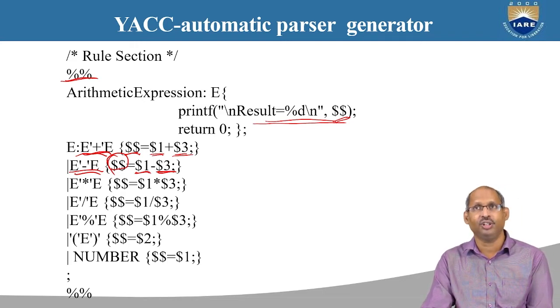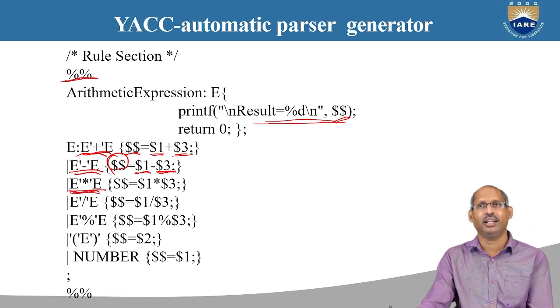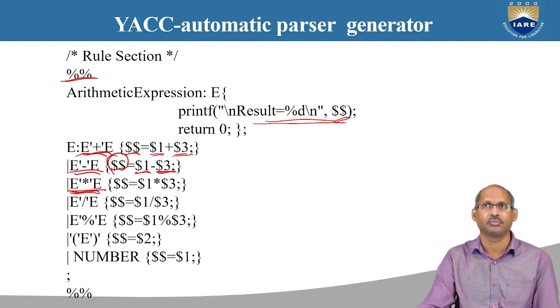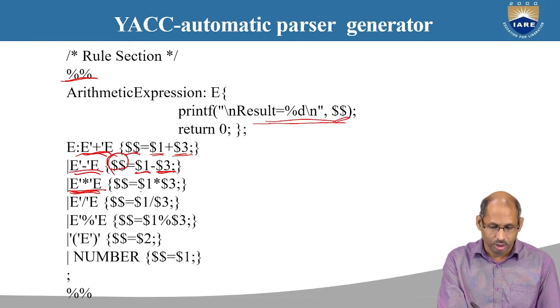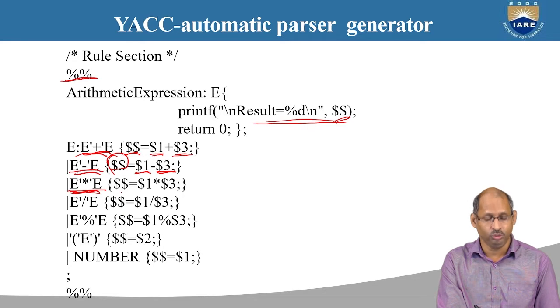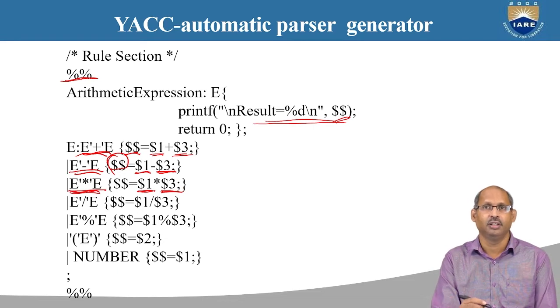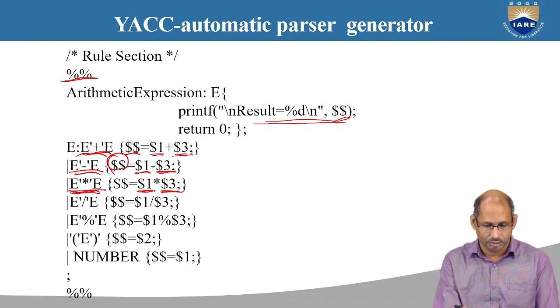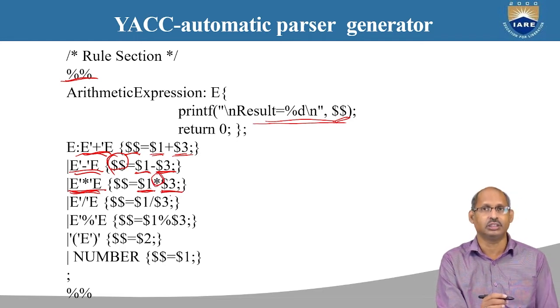Then the third expression is multiplication. The resulting value is equal to the value of the first element multiplied with the value of the third element.